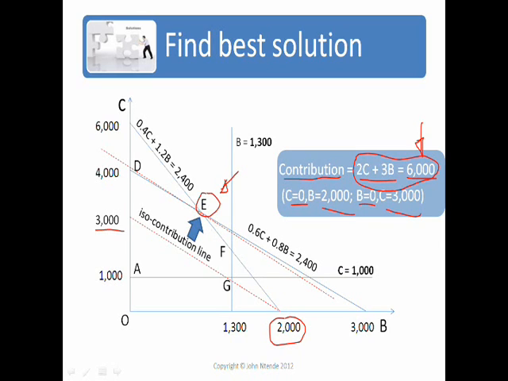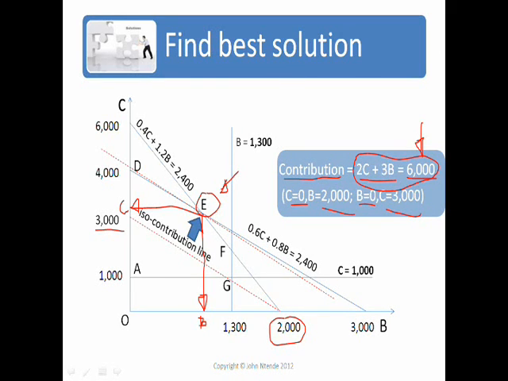Now if your graph is accurate, you can read off the best solution. By drawing a vertical line, you read off the value of B, and by drawing a horizontal line somewhere here, you can read off the value of C. Those two values of C and B become your optimal solution.